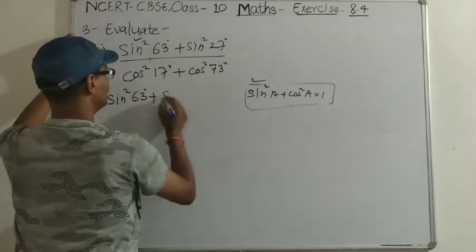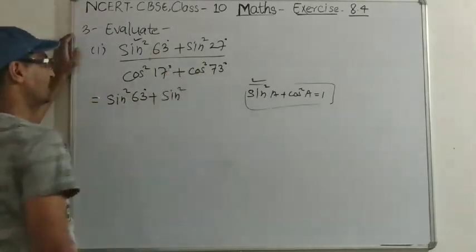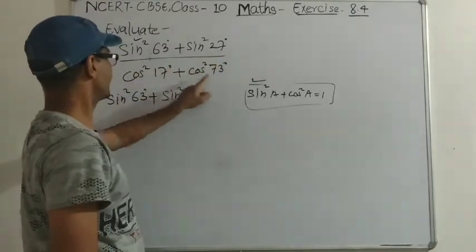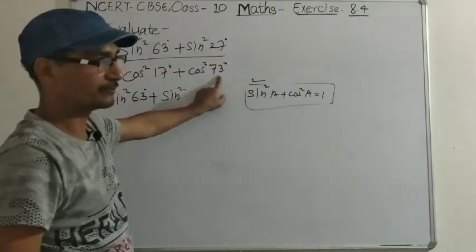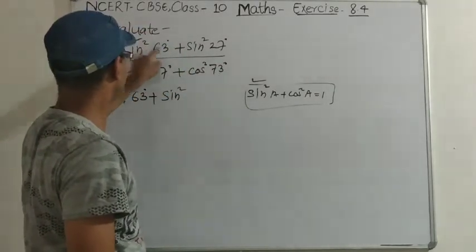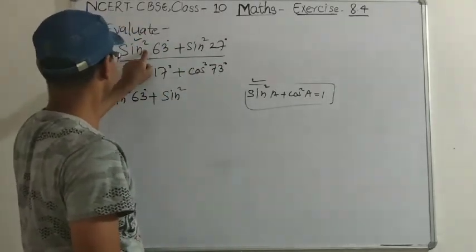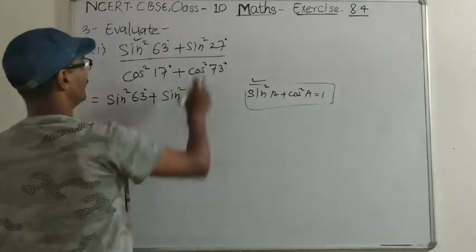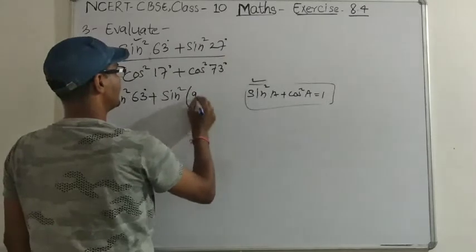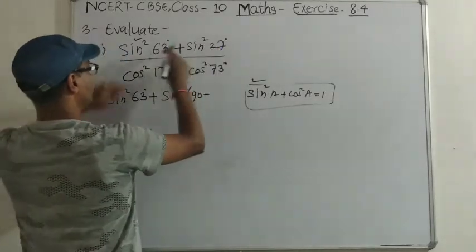Let's change this, because these are complementary angles. 63 plus 27 is 90, and 17 plus 73 is also 90 when added. So we can change any one, either this term or this term. If you want to change this sin square, what do we subtract from 90 to get 27? This is the hint given.